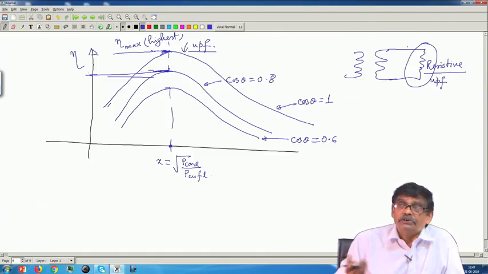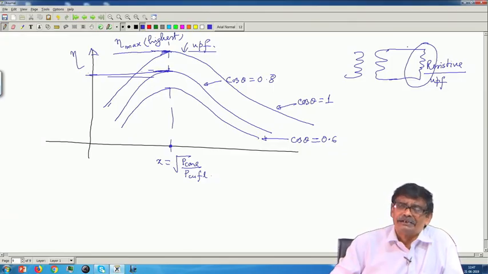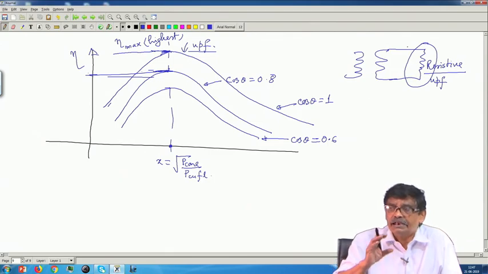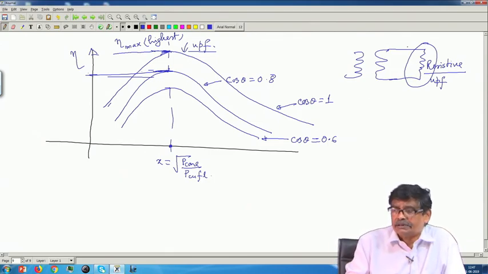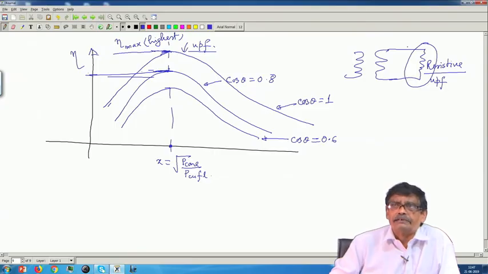But as I told you, unity power factor is not the usual case. That is why, even if your load has a low power factor, people connect a capacitor at the beginning of your supply so that the power factor is improved. You know those techniques from your circuit analysis.